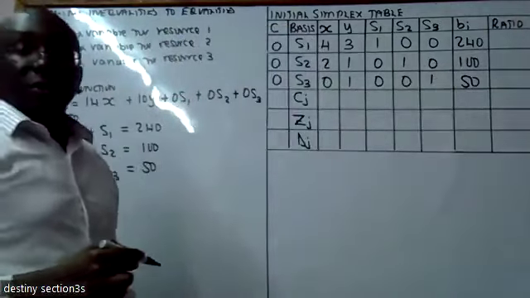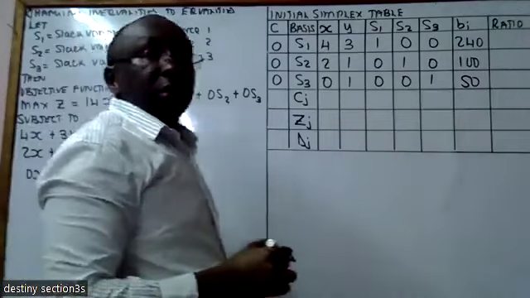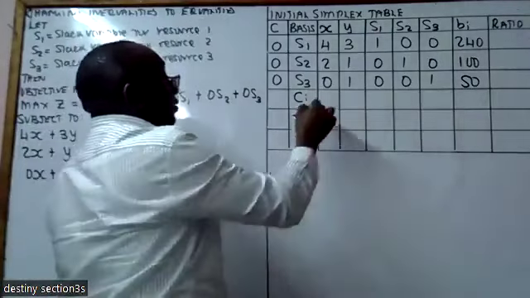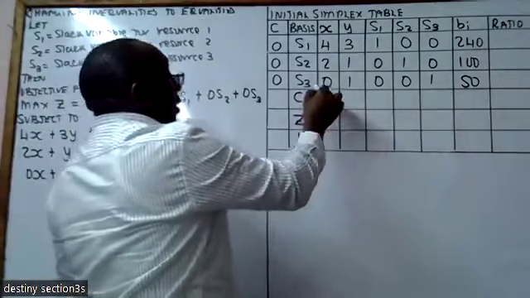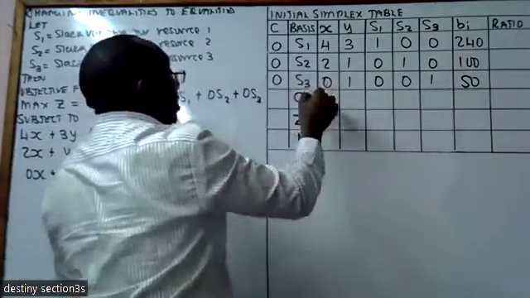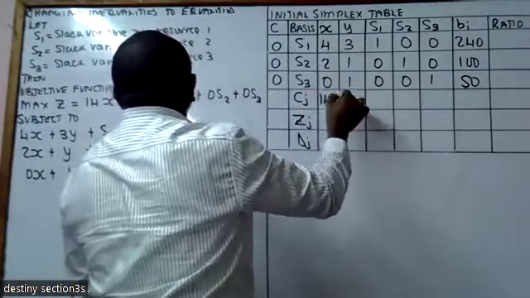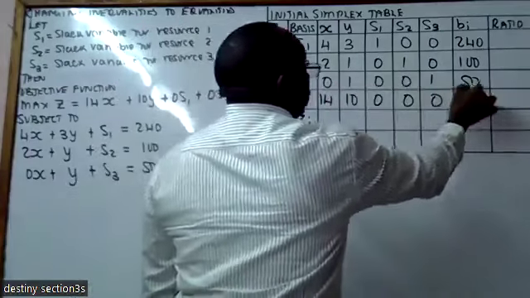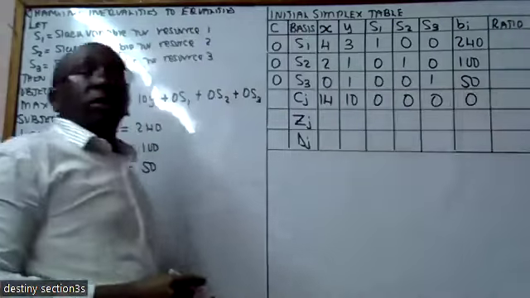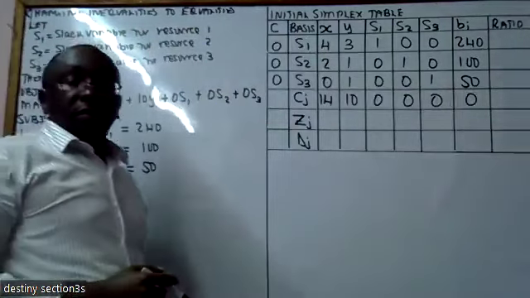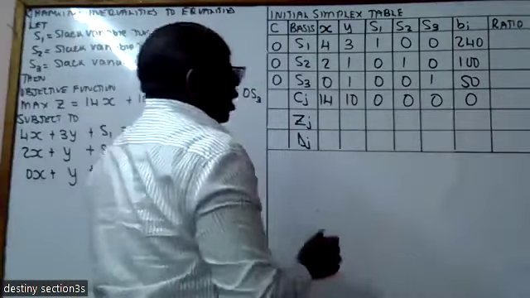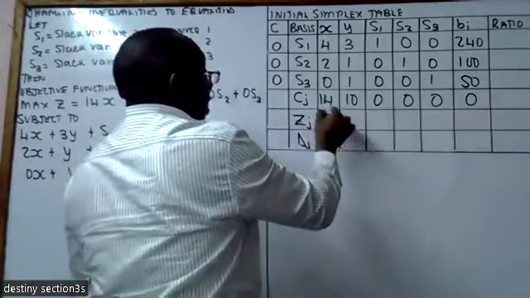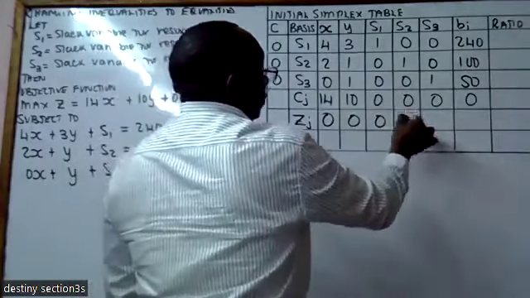And then I told you that for CJ, we bring these coefficients here. So this is 14, this is 10, this is 0, 0, 0, 0. And then ZJ, I told you they are zeros.